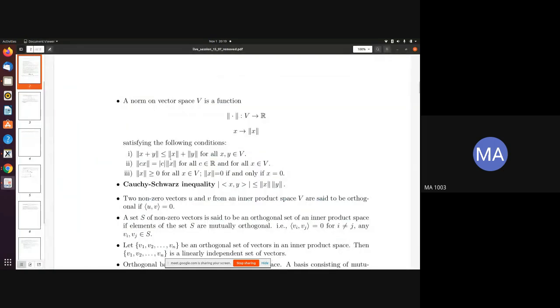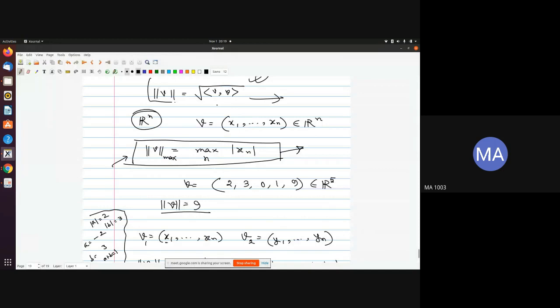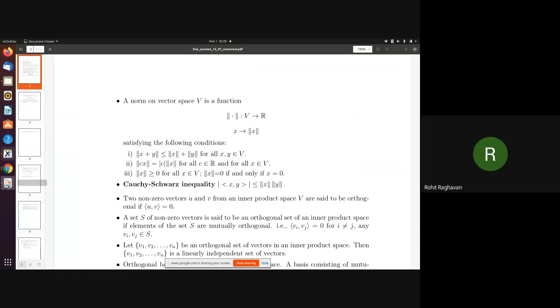If you have to prove the first property, norm of x plus y less than or equal to norm x plus norm y, for the inner product norm, then you need Cauchy-Schwarz to prove that. Okay, sir.